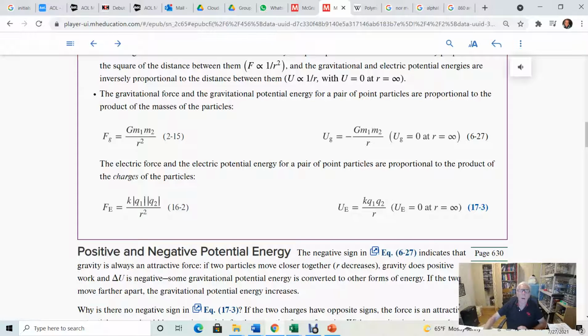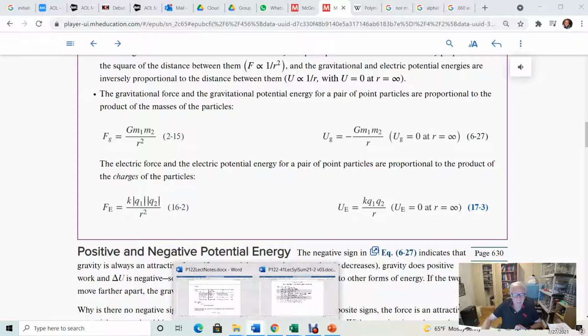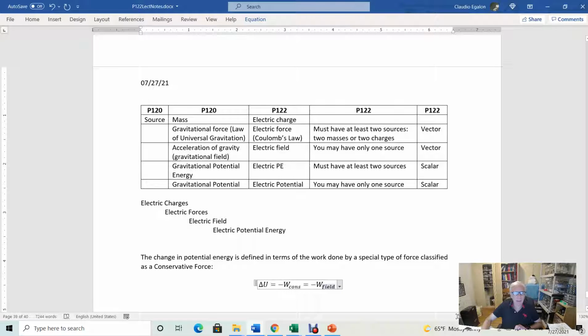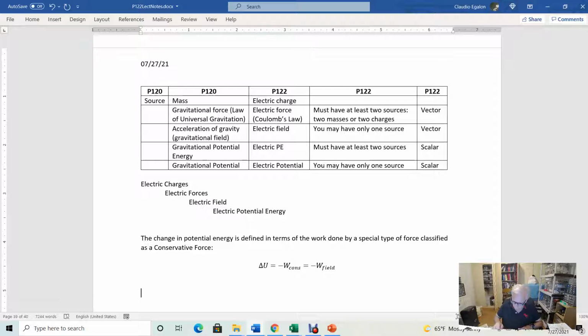So here you go. You're going to remember that the gravitational potential energy is given by this relationship between the two masses. We can put that in my notes here. Gravitational potential energy between two masses.